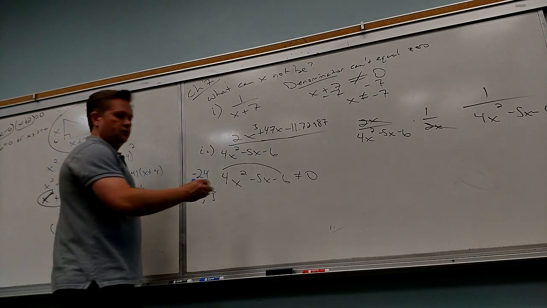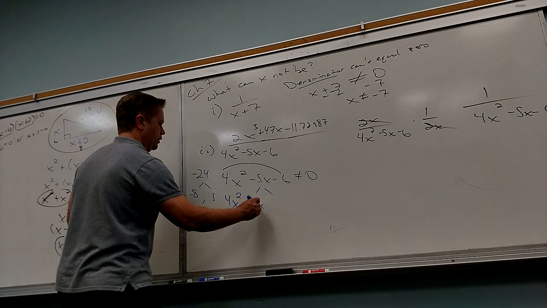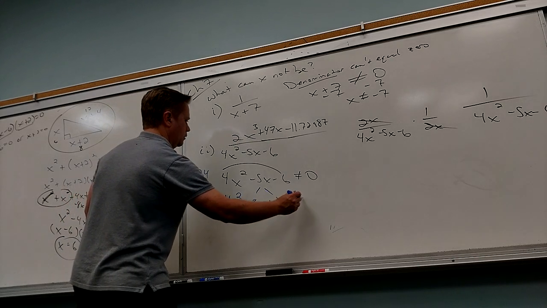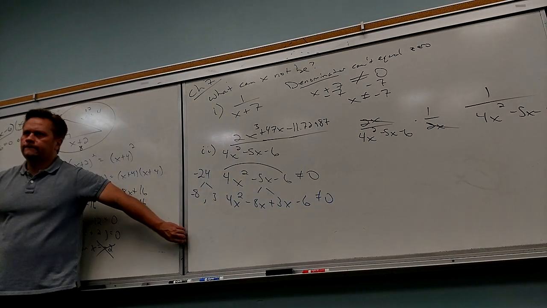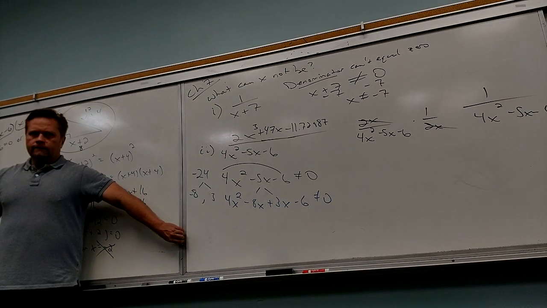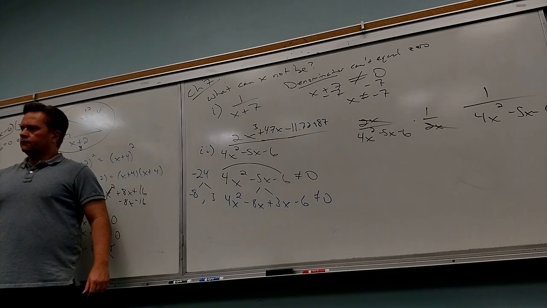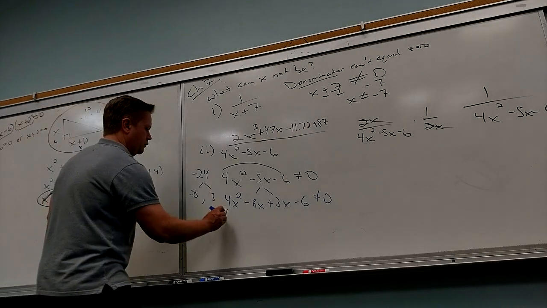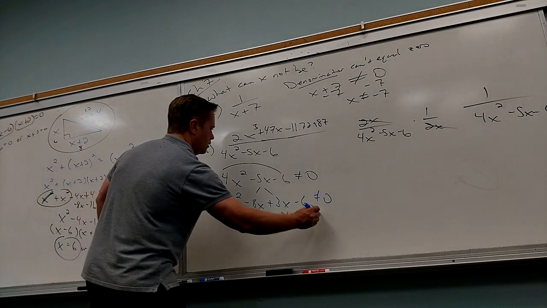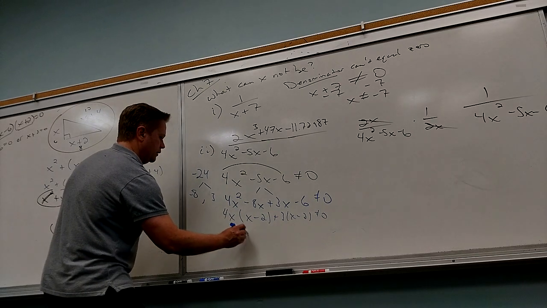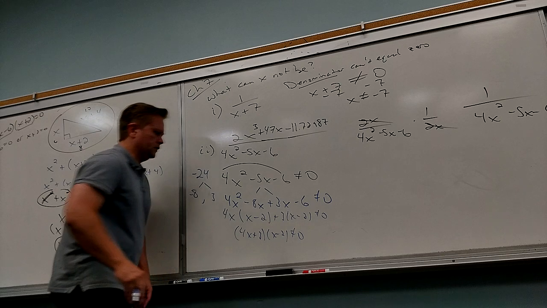Good. And then you break up the middle, so the first part stays the same, the middle part you break up. And then you group. I love it. Right? So take 4x out. Plus 3. So you get 4x plus 3. That was x minus 2. Can't be 0.